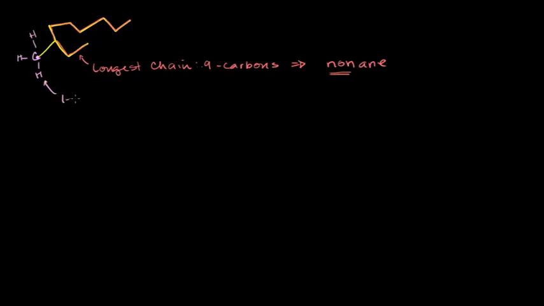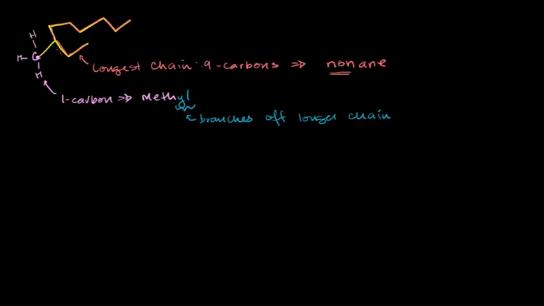So this is one carbon, so you would want to use the prefix meth. But because it isn't the main chain, it is added to something else, we don't write methane, we write methyl. So let me write this right here, methyl. So this means that it branches off a longer chain.